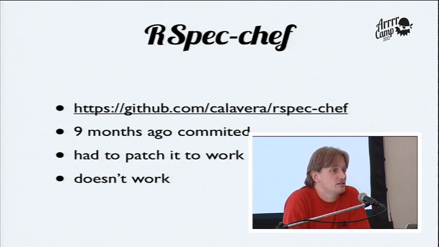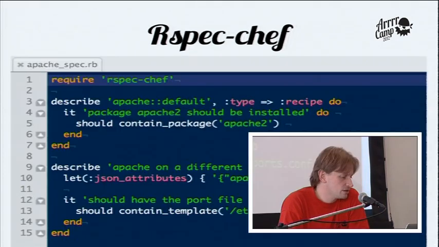I tried it yesterday. It didn't work. I had to patch it, as it doesn't work well together with the latest versions of Chef. It just loads Chef and tries to initialize it with the incorrect amount of parameters. And in the end, I never got it running. Even with the patches, maybe my patch was wrong, but it was a one-line patch. Didn't really do that much.